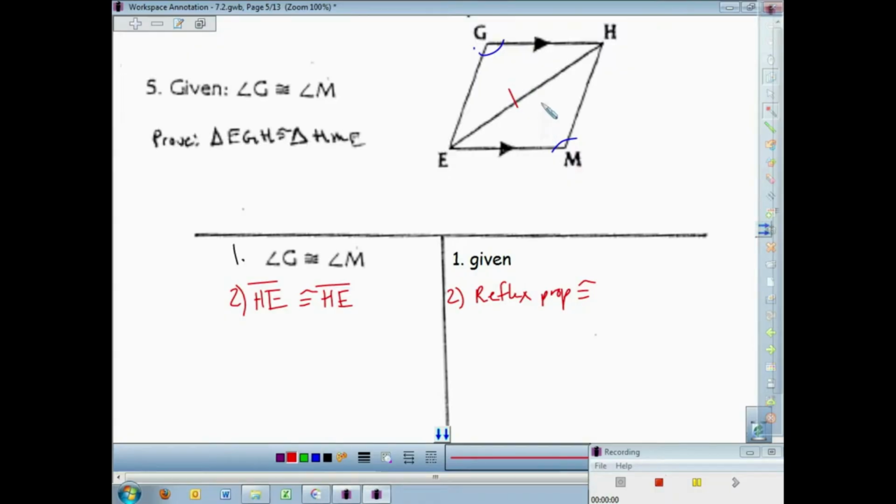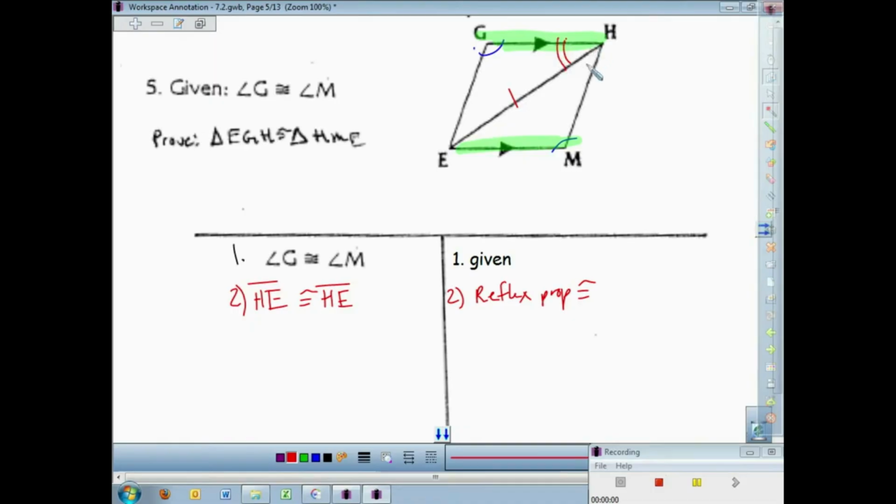So shared sides used up. Next thing's parallel lines. Yes, I do have some parallel lines, so I'm going to get some angles out of that. Here's the parallel sides. When you put your arc mark, remember your arc mark has to touch one of the parallel sides, but then has to touch the same segment for a transversal. So if I make this arc mark right here, touch the parallel side, it's going to touch segment EH for a transversal, and you got to use double arc marks.